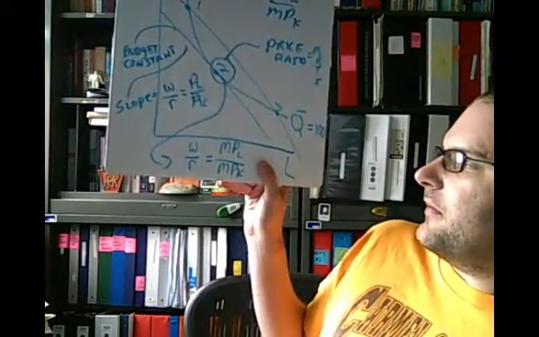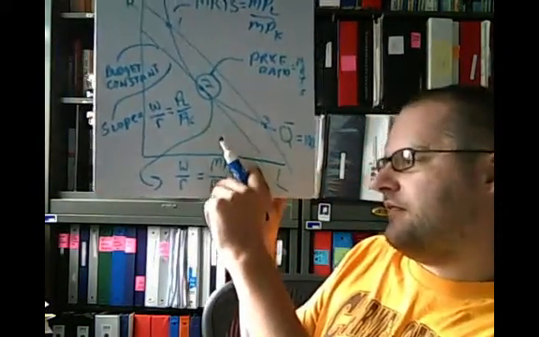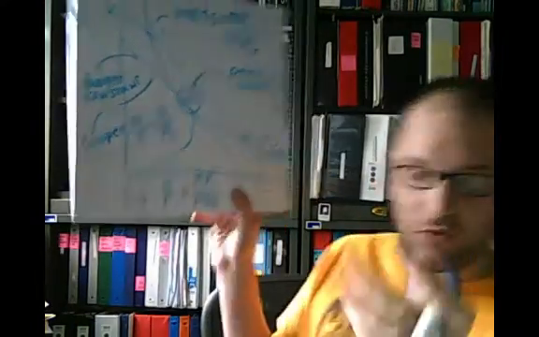Or alternatively, at point 2, W over R, the price of labor over the price of capital, is equal to the ratio of the marginal productivities.